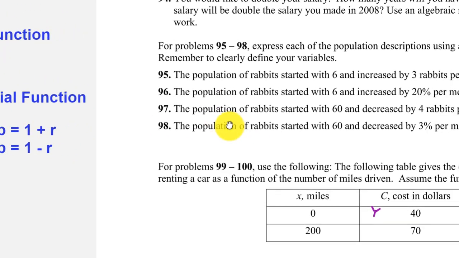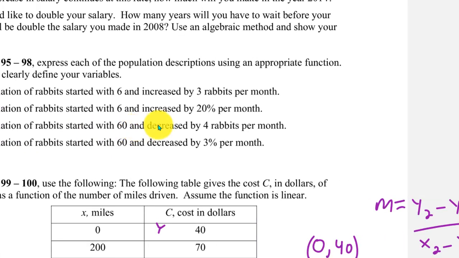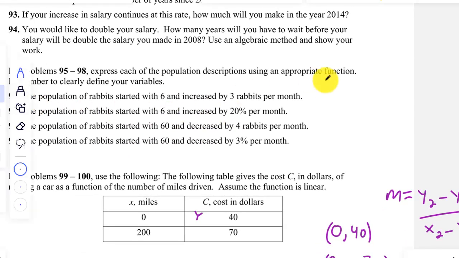So when I look at 96, we're increasing by 20%. All right, so again, think of y equals ab to the x, and they're telling us that r as a decimal is 20%, right? 0.20, right? It's increasing by 20%, so my r is 0.20. And for growth, we know b equals 1 plus r.